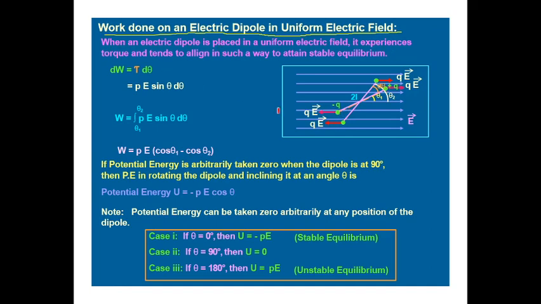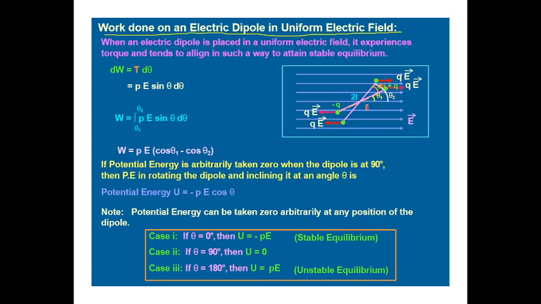It experiences the torque, and it tends to align in such a way that it attains a suitable equilibrium. So when a dipole is placed in a uniform electric field making a certain angle theta, it will try to align itself in the direction of the electric field.